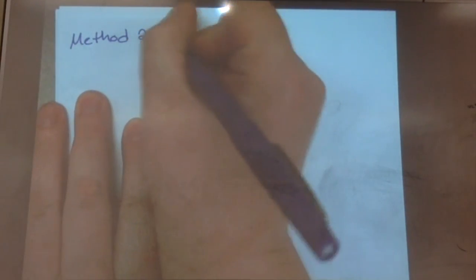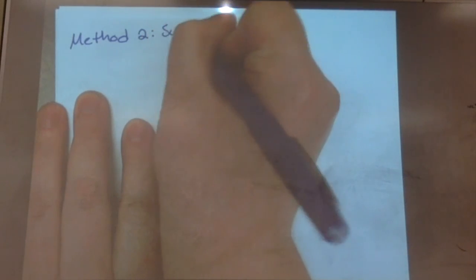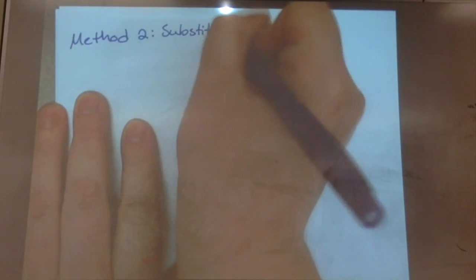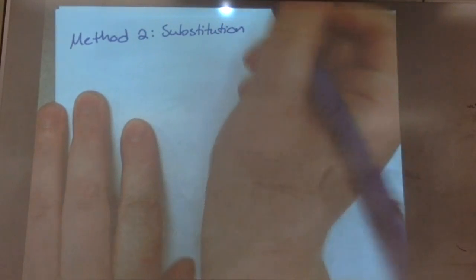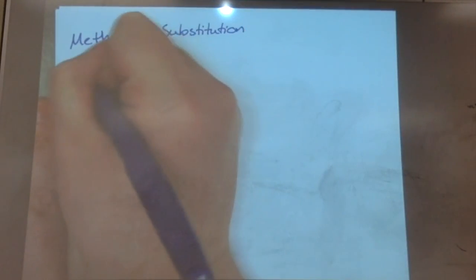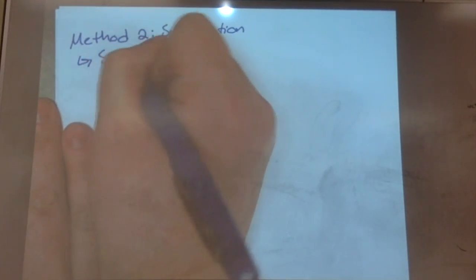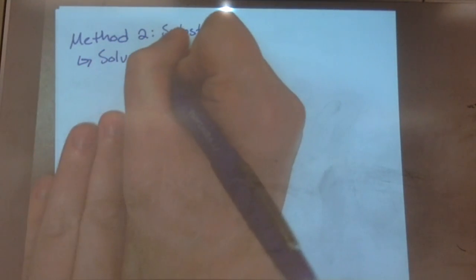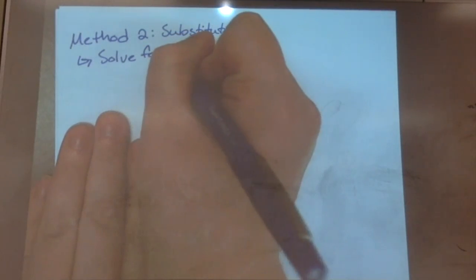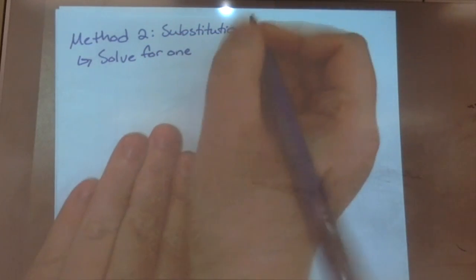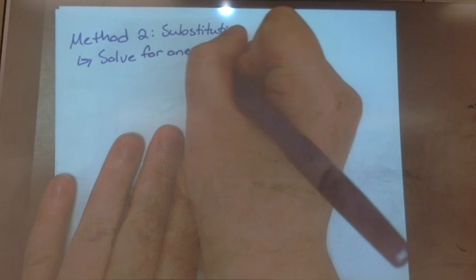Method 2, substitution. So with substitution, you're going to solve one of the equations for one of the variables.